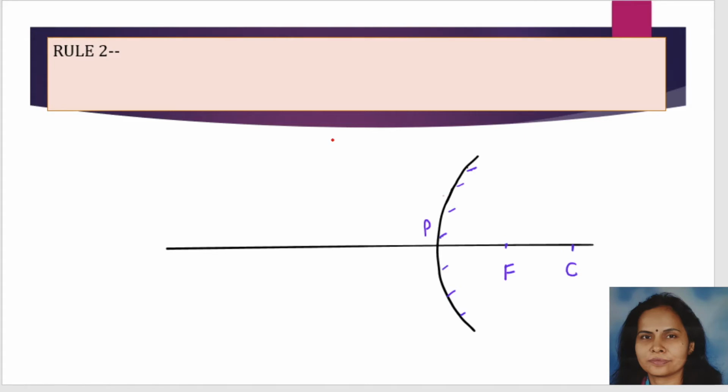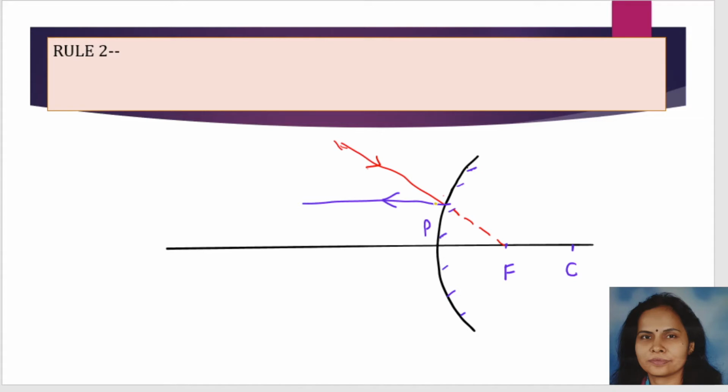Second rule says that if an incident ray will strike the mirror in such a direction that if I extend it backward it will pass through the principal focus, then after reflection it will be parallel to the principal axis. Right?